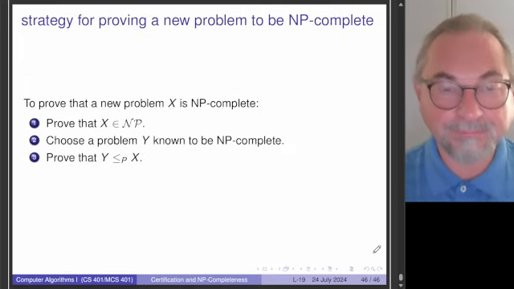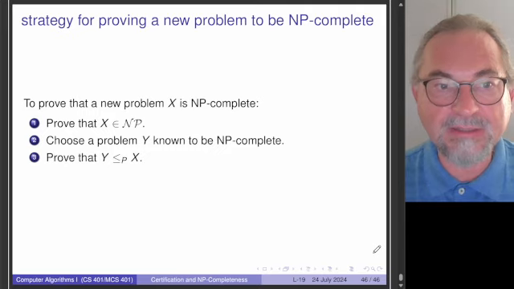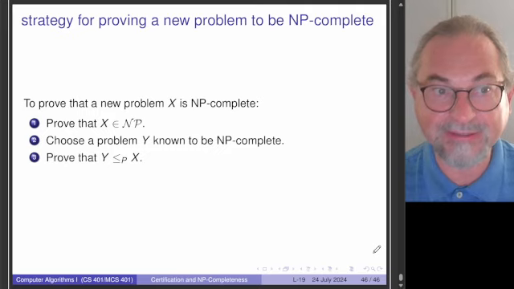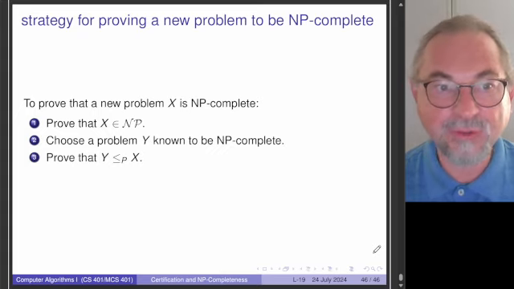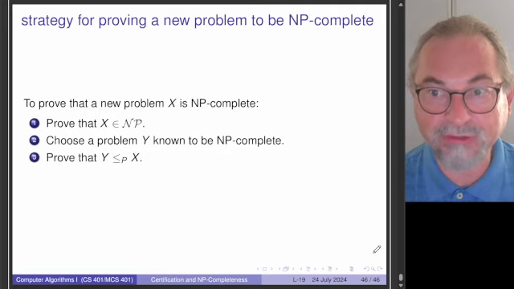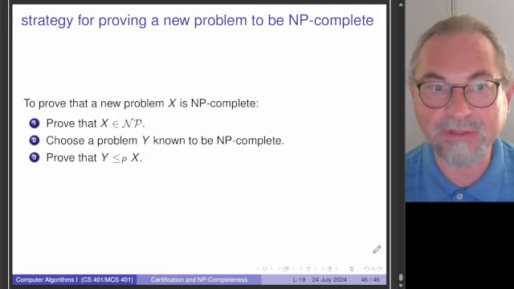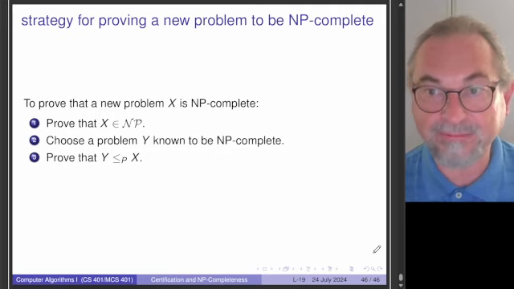Okay, so here is then the general strategy, which is actually the solution strategy for the previous exercise, to show that a new problem, such as the strongly independent set problem, is NP-complete. You have to show first that the problem belongs to the set NP. You do have an efficient certifier.